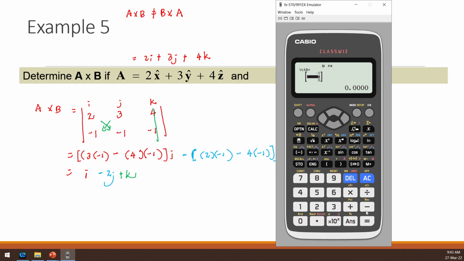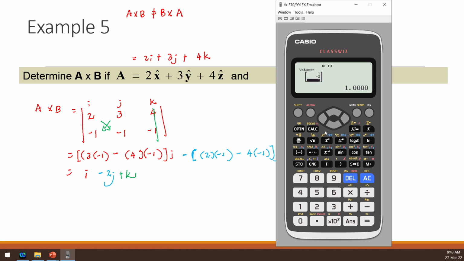Great. Now I want A cross B. So option, vector A is number 3, cross, just use the multiplication button, then option, and so on. Find the way using your calculator. So the cross product result is 1, -2, 1.